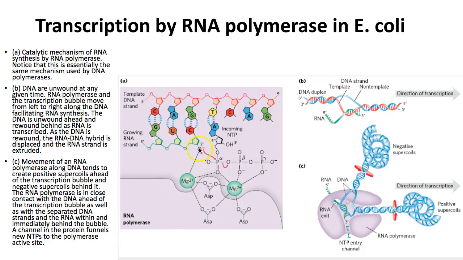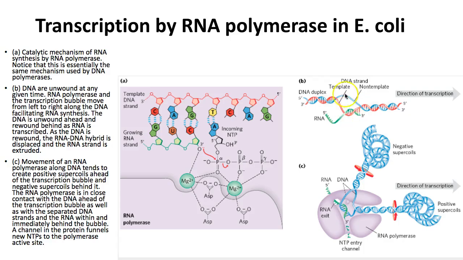One is helping promote that free hydroxyl group to do a nucleophilic attack on the alpha phosphate group, and the other magnesium 2+ ion helps dissociate that pyrophosphate group.